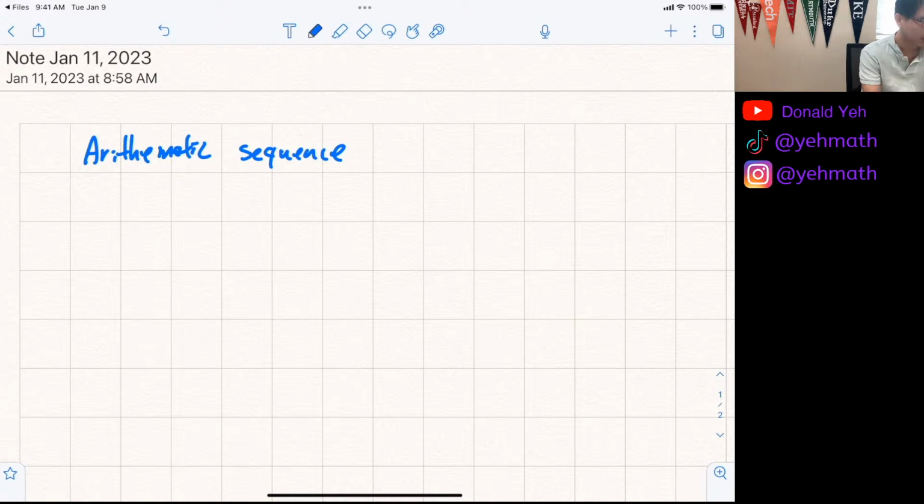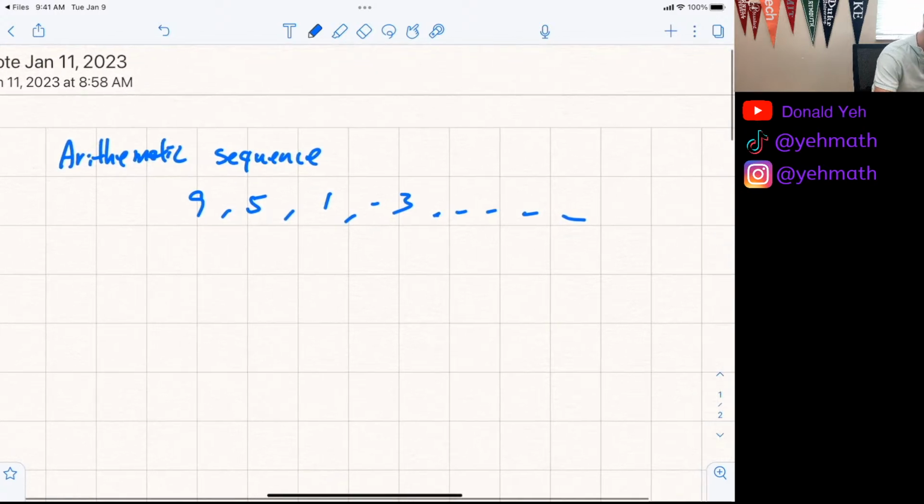Okay, so an arithmetic sequence is like this: 9, 5, 1, -3, like this. That is an arithmetic sequence because they have a common difference. So the key word here is common difference.